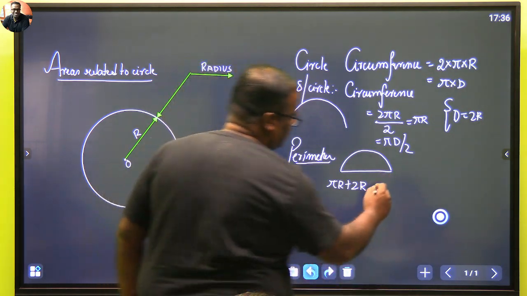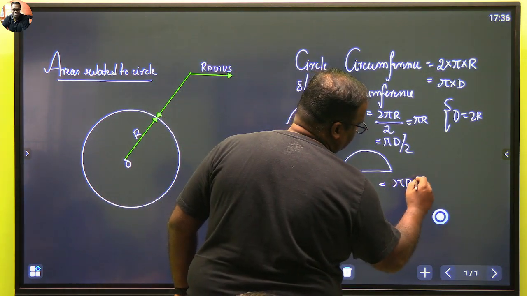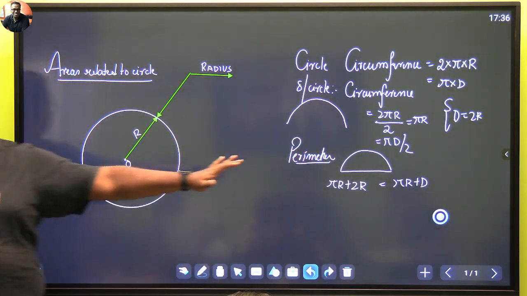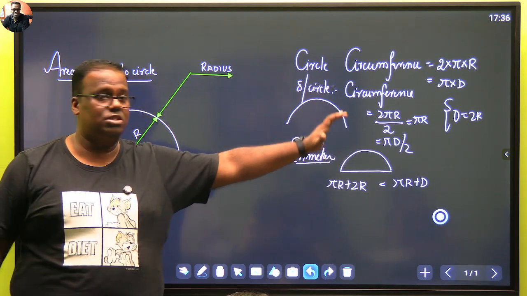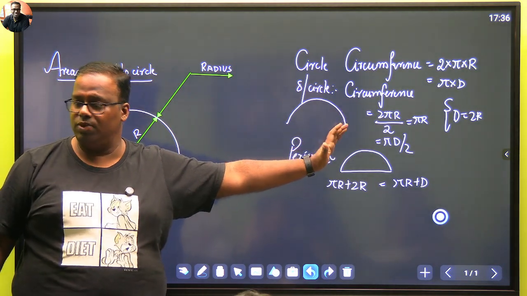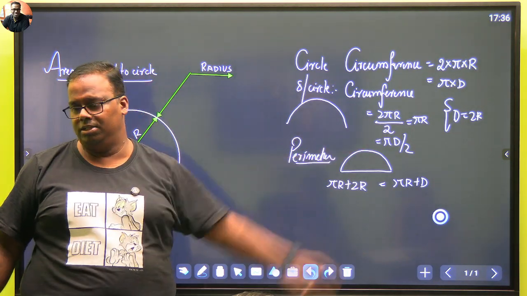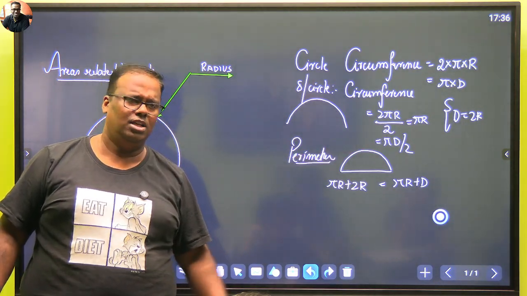Or it can also be written as pi r plus the diameter. Anyone who has issues with these things? Usually children make a mistake on semicircles, circumference and perimeter. Circumference means only this much. Perimeter means you have to add the diameter also. Are we fine? It's all about 2D.